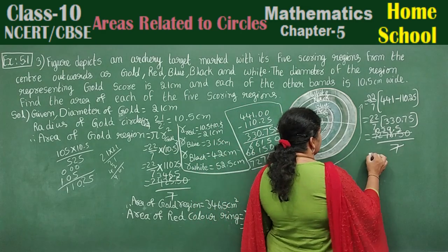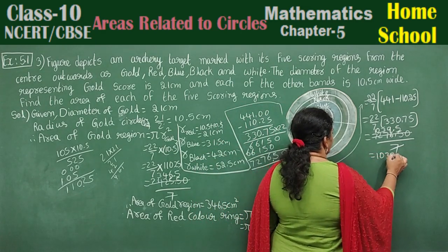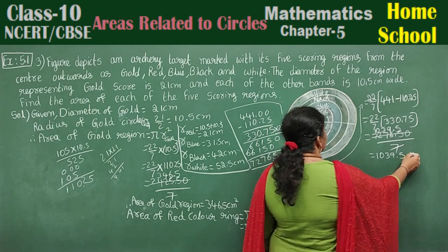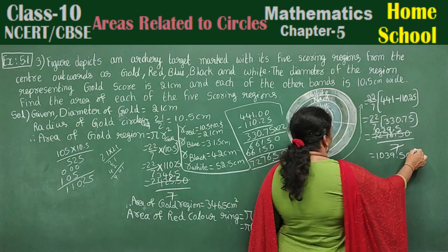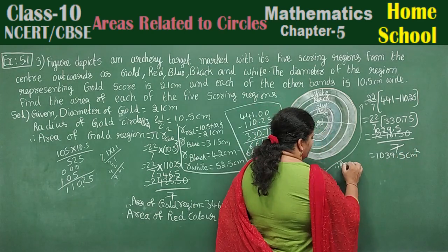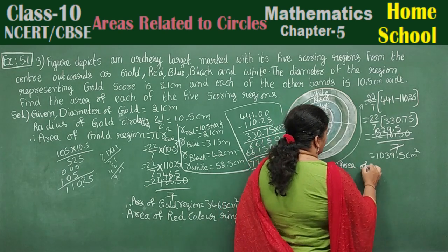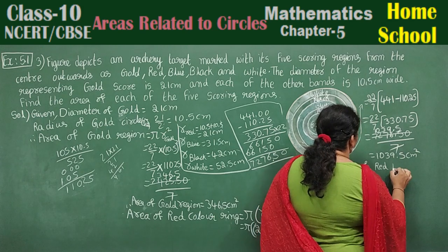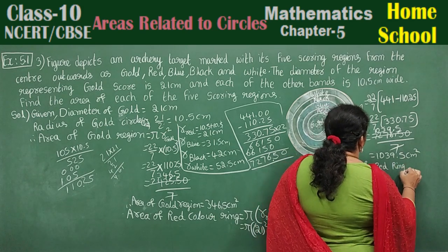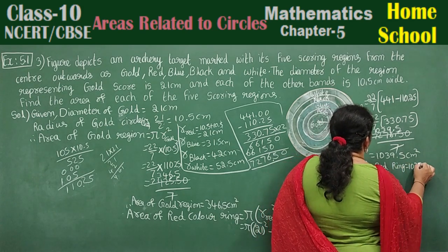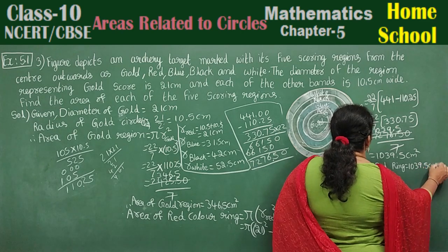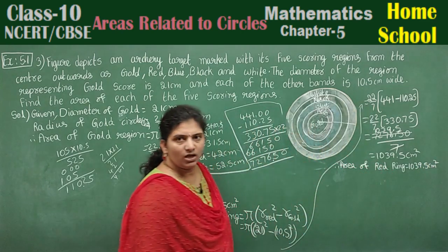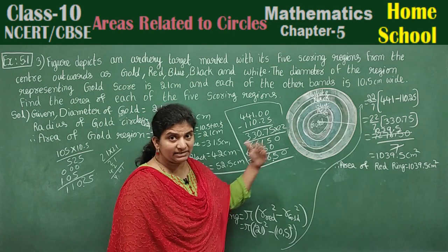Finally you get an answer here, 1039.5 centimeter square area. Therefore area of red color ring is equal to 1039.5 centimeter square. Okay, let's go to the next color here.